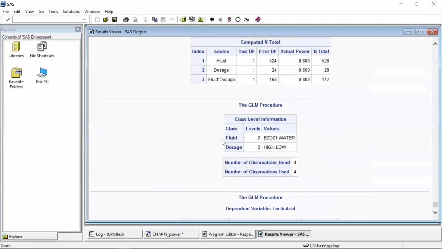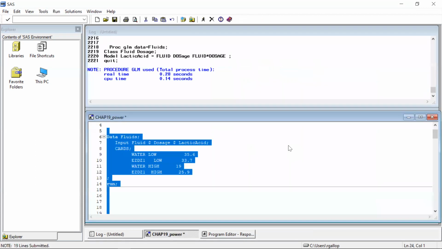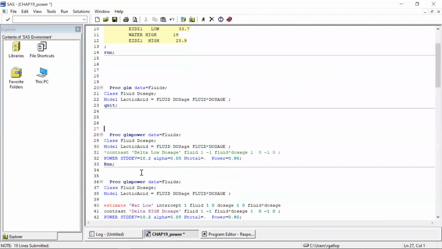The big thing here is when you have character variables, the ordering of the levels is not by the way they're ordered in the data entry. The ordering of the levels is alphabetical, low to high, E before W, H before L for the dosage. So we have to keep that in mind as we move on.